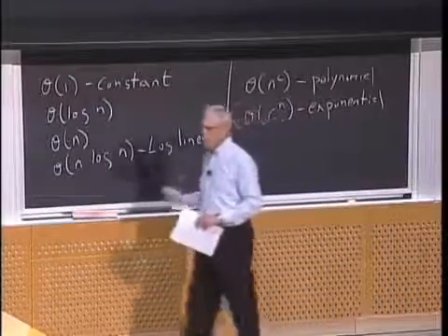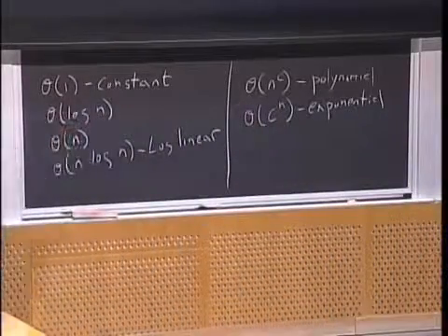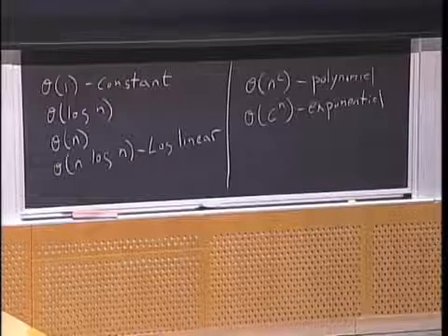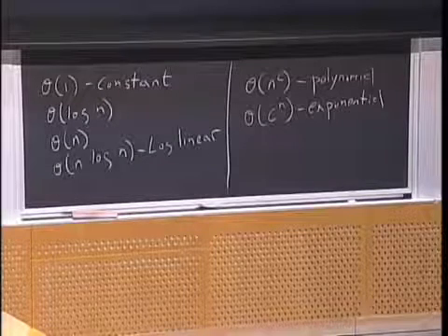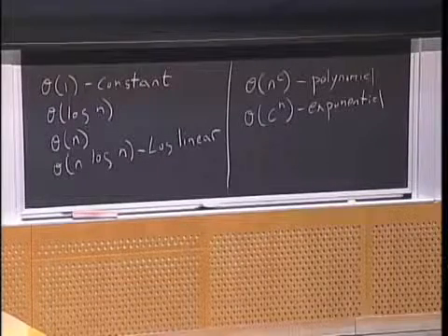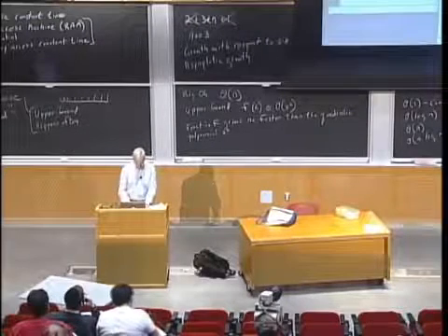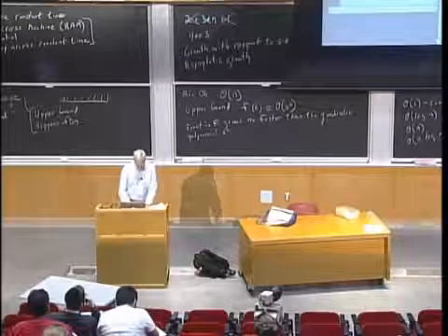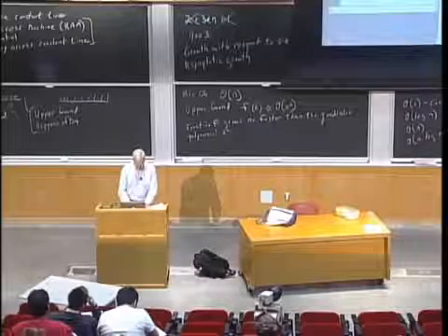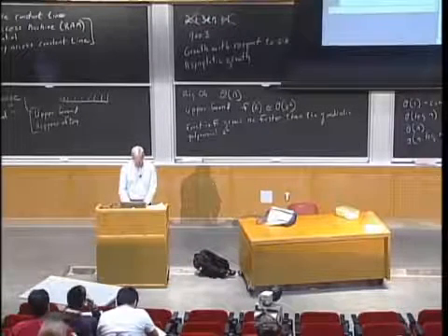To give you an idea of what these classes actually mean, I wrote a little program that produces some plots. Don't worry about what the code looks like. In a few weeks, you'll be able to write such programs yourself. Not only will you be able to, you'll be forced to.